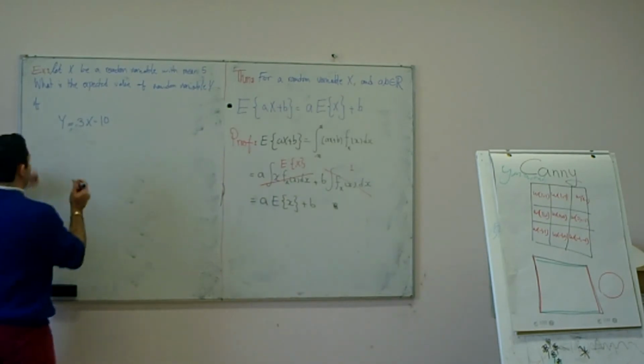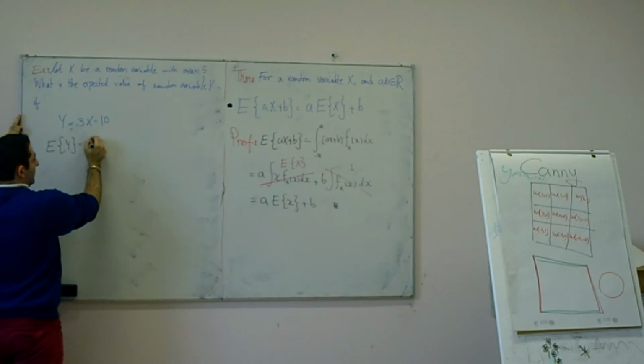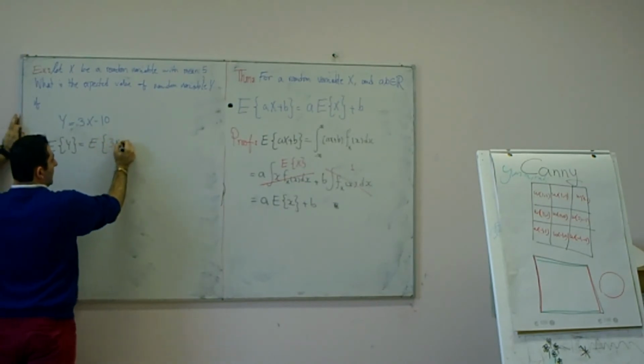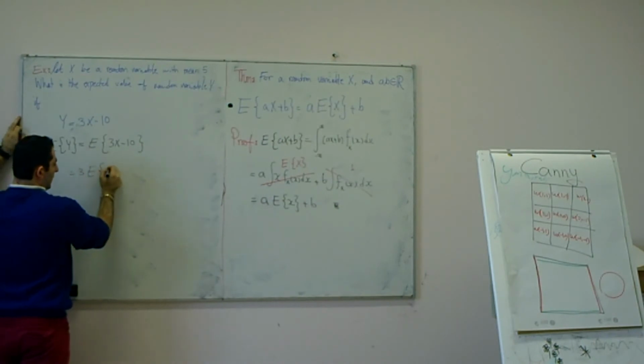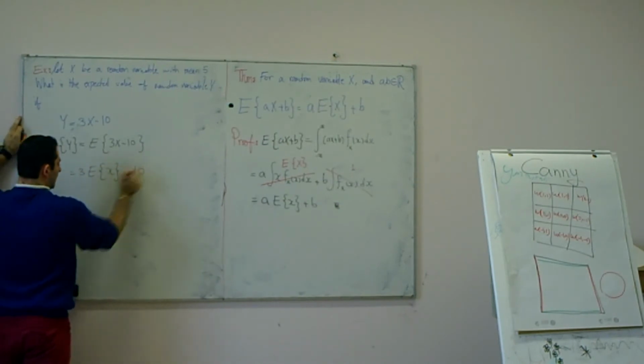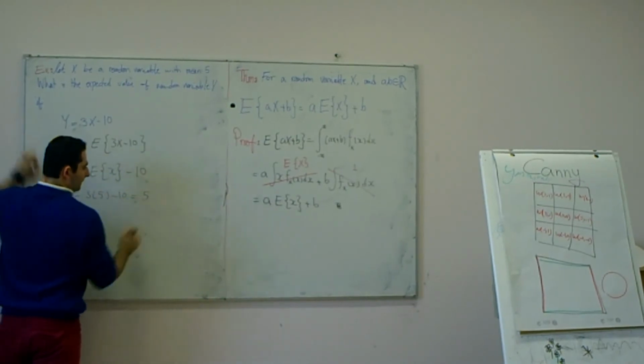The solution is in this form. E of Y is E of 3X minus 10, which is 3 E of X minus 10, which is 3 multiplied by 5 minus 10, which is 5.